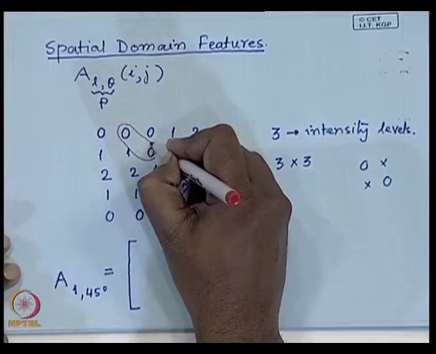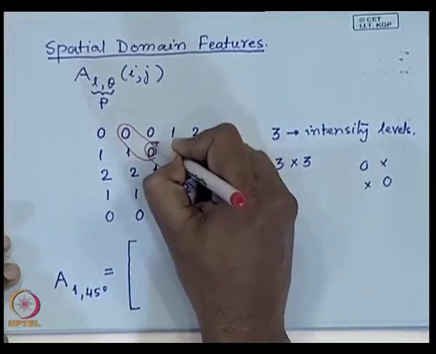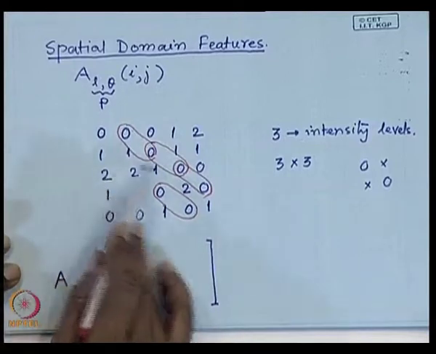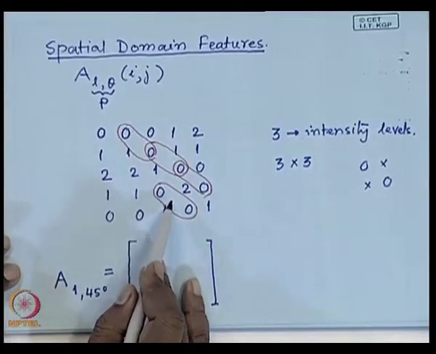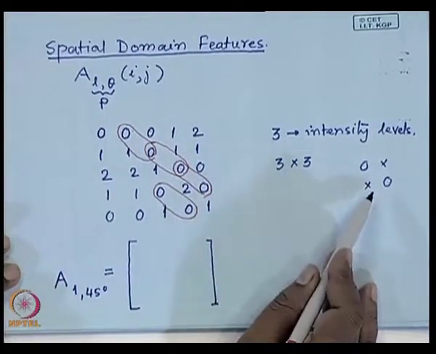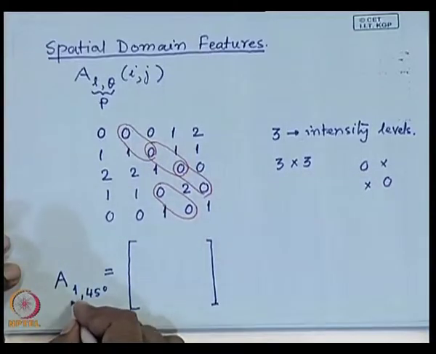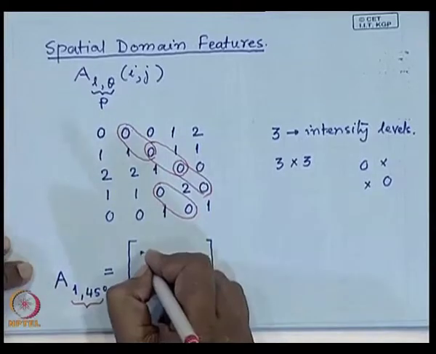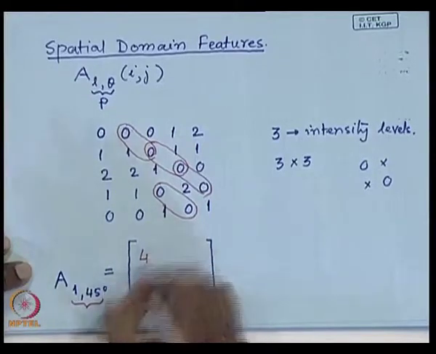And of course, this one. Okay. So, I have 4 such occurrences where this 0 0 intensity value pair appears following our position parameter, 1 and 45 degree. Okay. So, A 0 0 will have a value 4 over here.